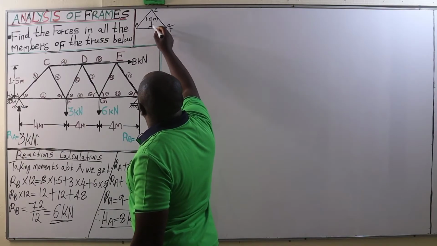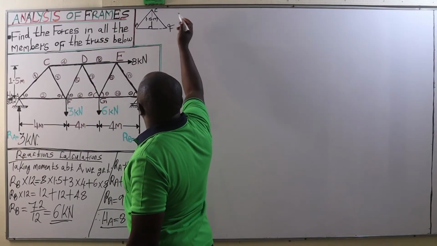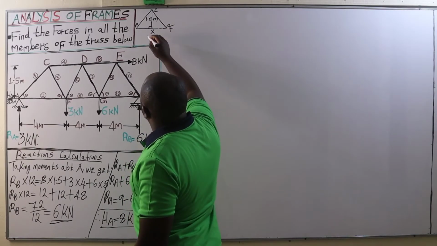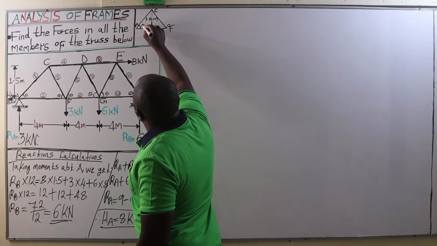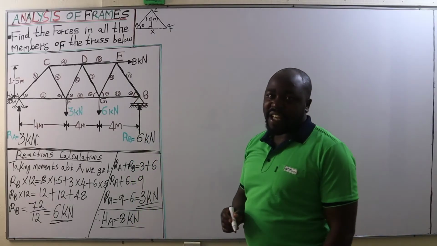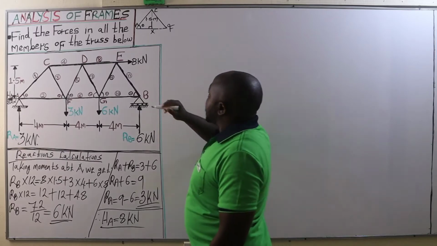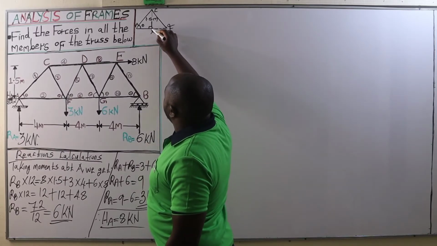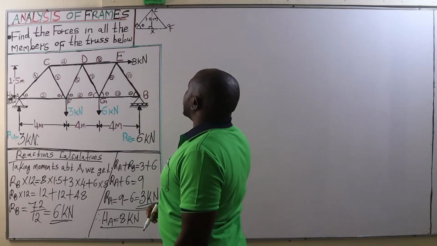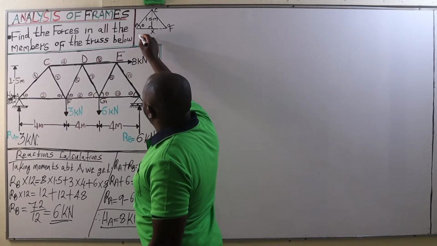That makes 90 degrees. If we call this X, we want that angle theta. We have the adjacent and the opposite, so that's a relation of tangent.